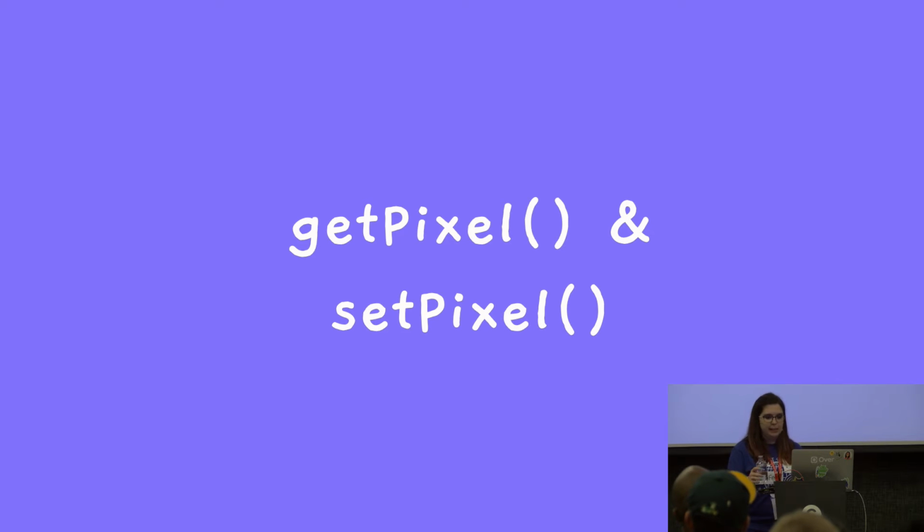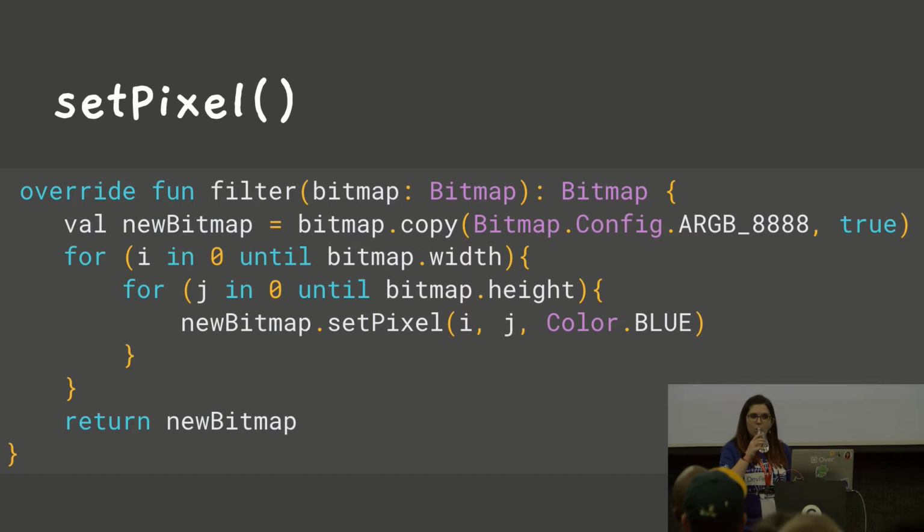So what is getPixel and setPixel? In Java and in Kotlin, this is Kotlin code, on a bitmap object you get the methods setPixel and getPixel. So you can literally write a for loop and say, okay, for every pixel in this bitmap, change the color or apply some kind of effect.